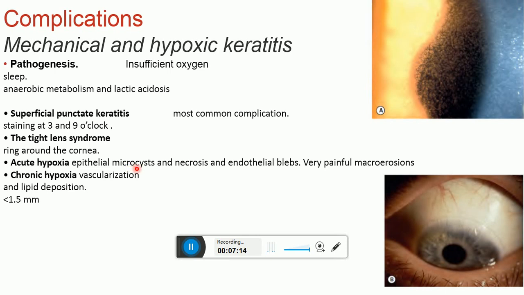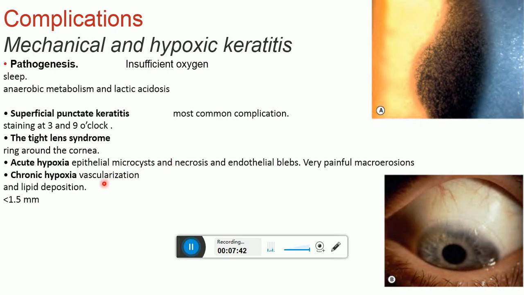There is necrosis and endothelial blebs. Very painful macroerosions may develop several hours after the lenses are removed following a period of overwear.